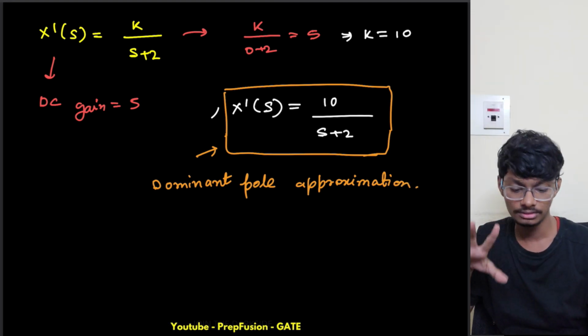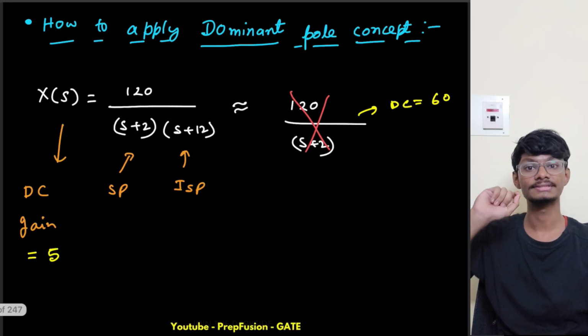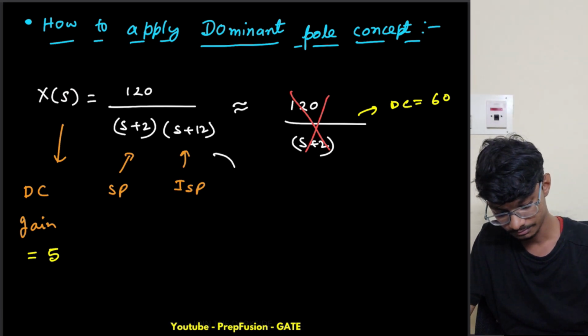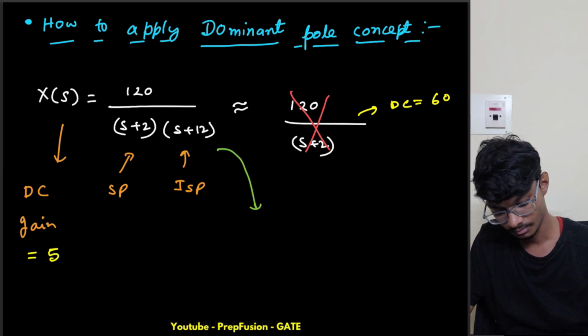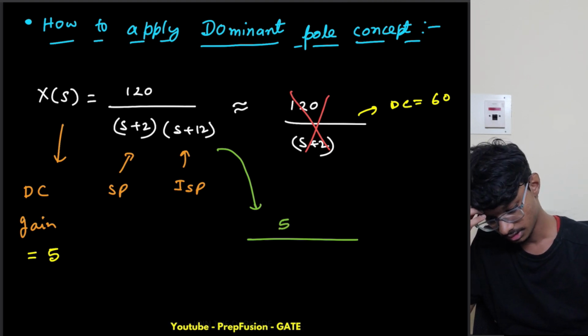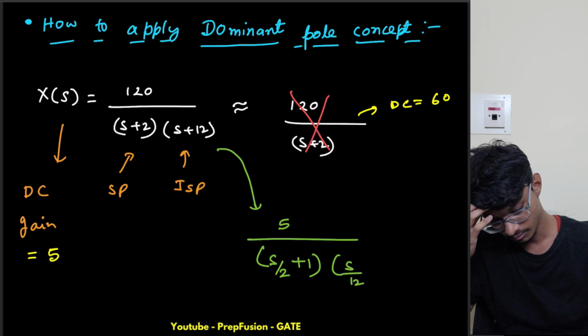Okay, so this thing you have to keep in mind, or what you can do is write that in the general time constant format, right? If I write this in terms of time constant format, okay, let me use another pen. Yeah, this one. So in 120, I take 2 and 12 common, so I get here in the numerator 5, and the denominator has s divided by 2 plus 1 and s divided by 12 plus 1.